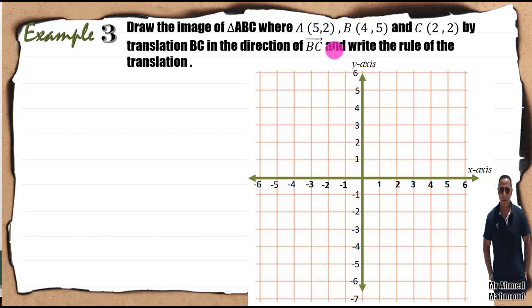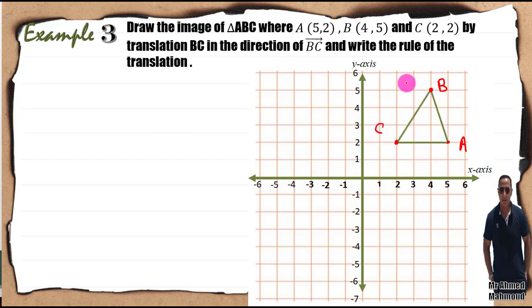A is 5 and 2, 5 and go up to 2. This is A. B is 4 and 5 here. C is 2 and 2. This is C. And then I'm going to draw the triangle like this.